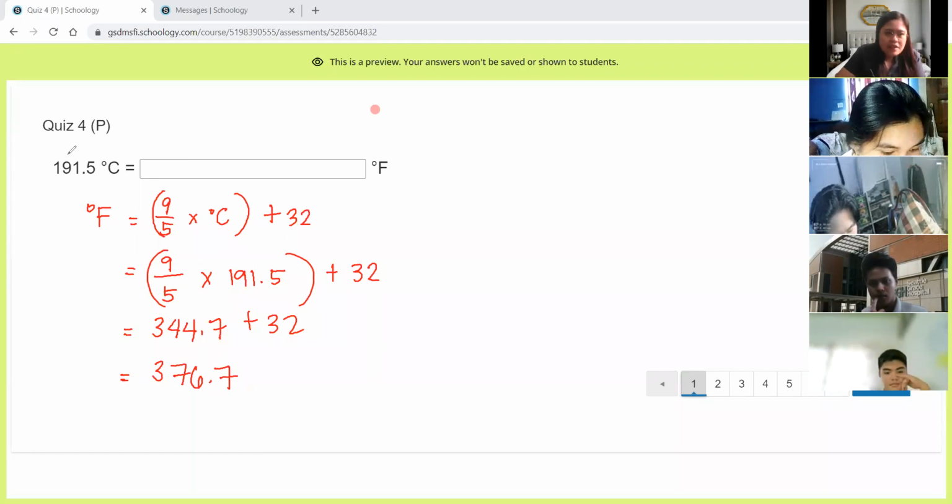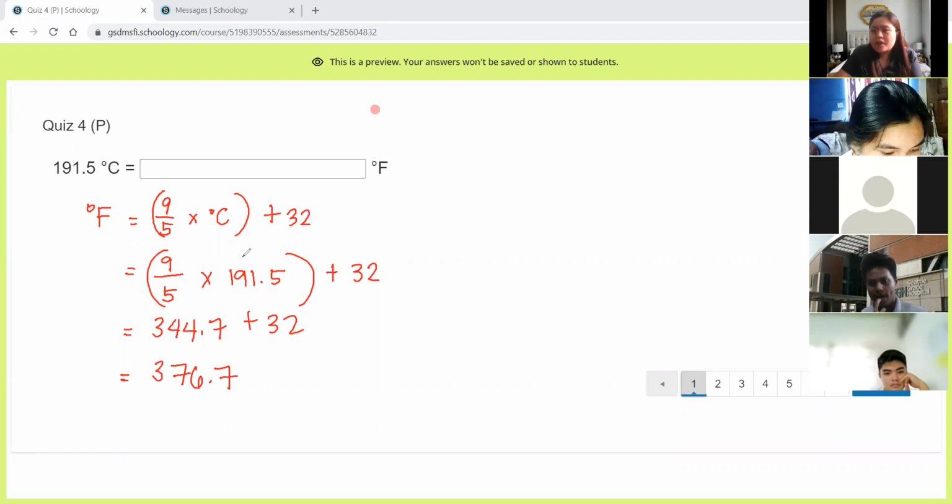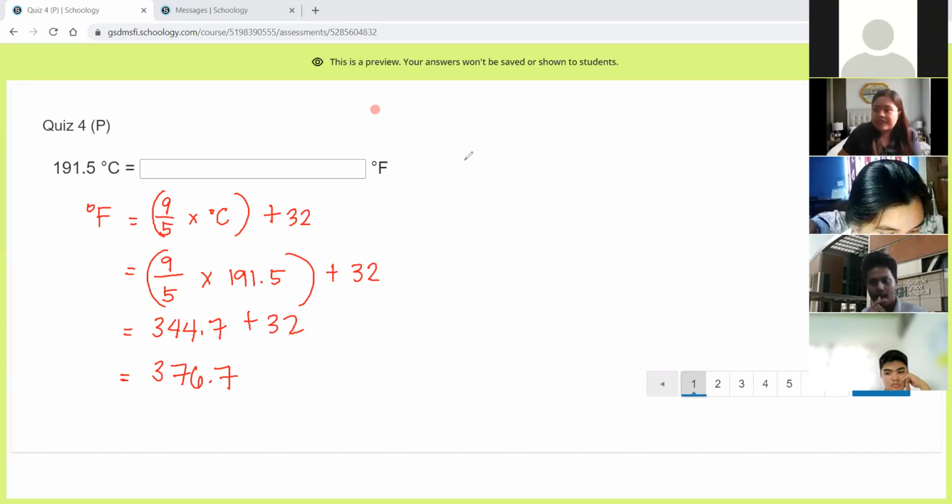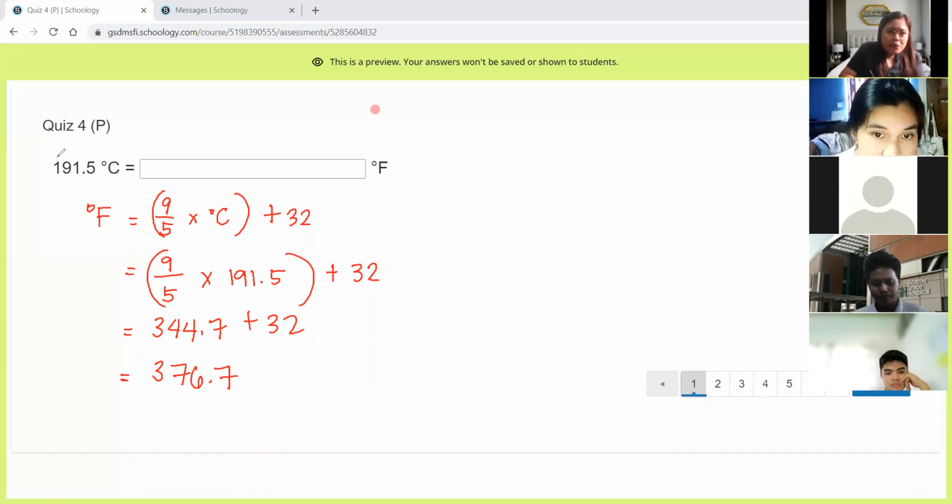Now let us count, class, how many significant figures. We have multiplication here. What are we going to follow? The answer should be rounded off to the number of significant figures in the given. So we have 1, 2, 3, 4 significant figures in the given.